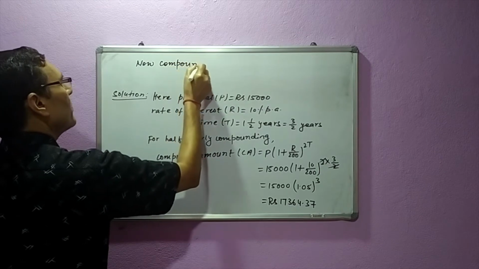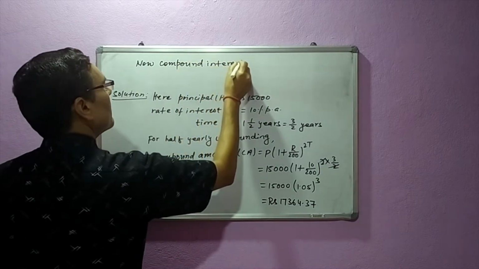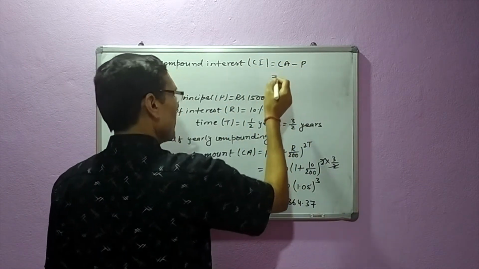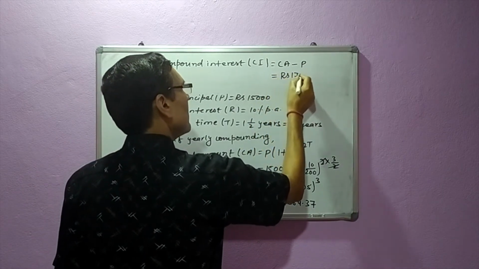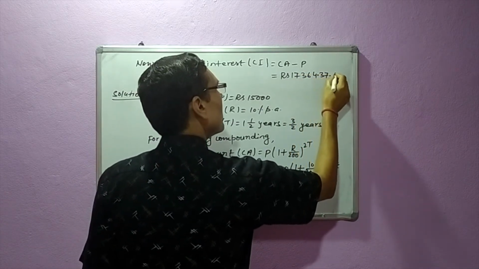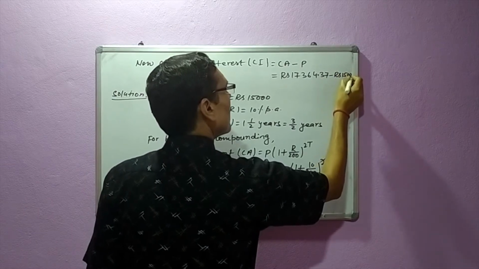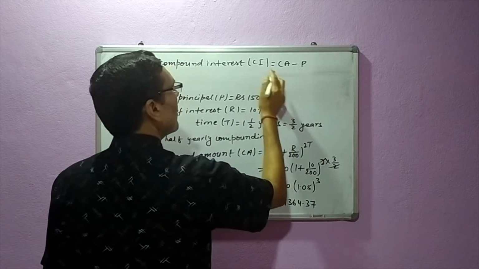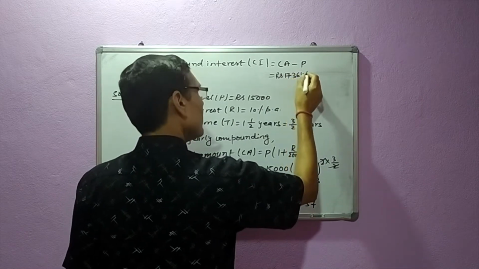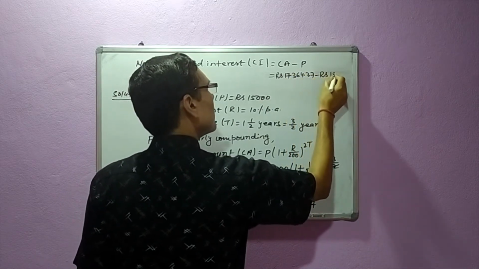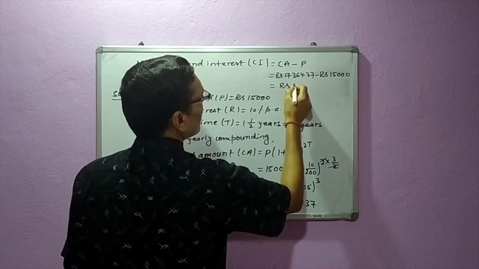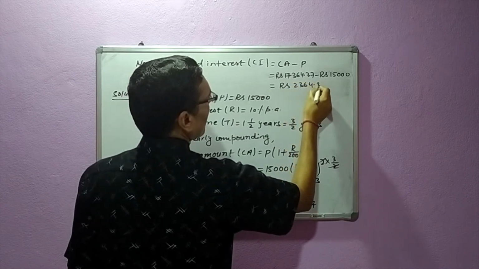Now compound interest. CI is equal to CA minus P, amount minus principal. 17,364.37 minus 15,000, so here we get 2,364.37.